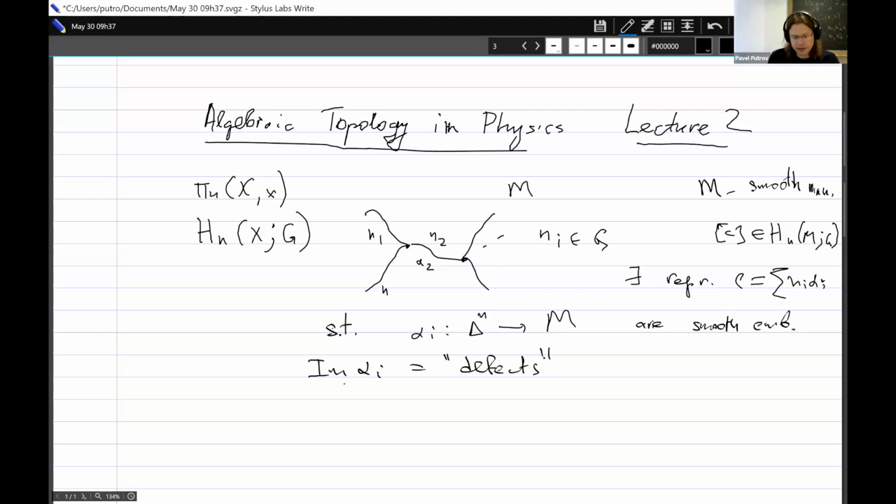But so far, these defects are just submanifolds, a union of n-simplices embedded into my manifold. Here in this picture, this is a union of intervals embedded in M, and in 2 dimensions there will be a union of triangles and so on.